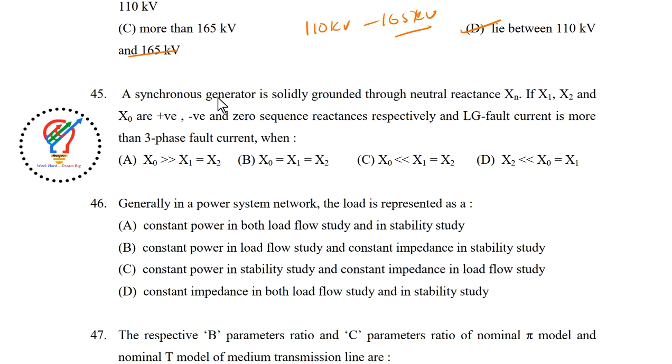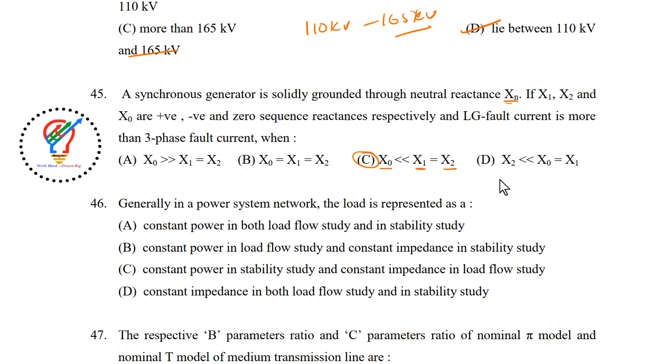Next one, a synchronous generator is solidly grounded through a neutral reactance Xn. If X1, X2 and X0 are the positive, negative and zero sequence reactances respectively, the LG fault current is more than the three-phase fault current when? Assuming that X0 is less than X1 and at the same time X2 also, this is the correct answer.